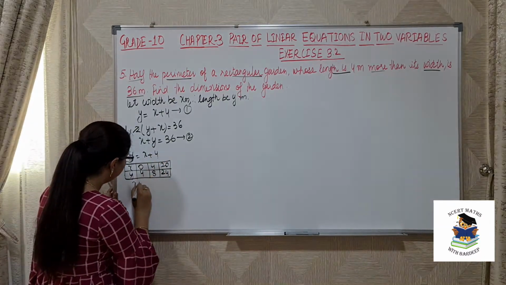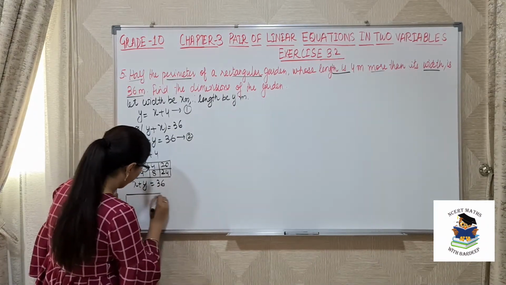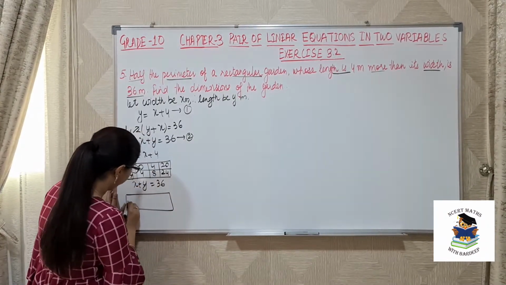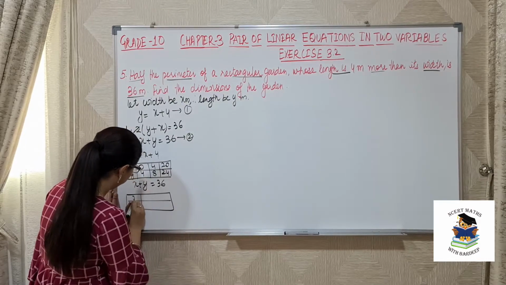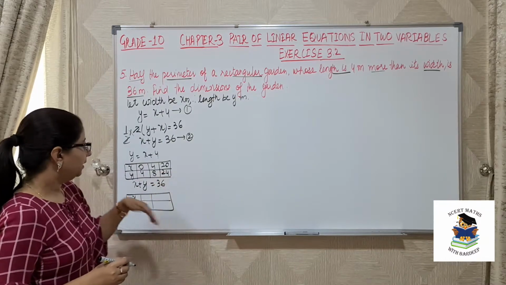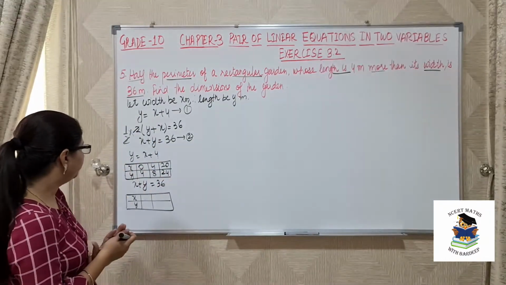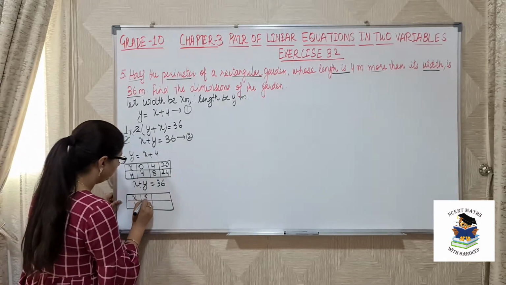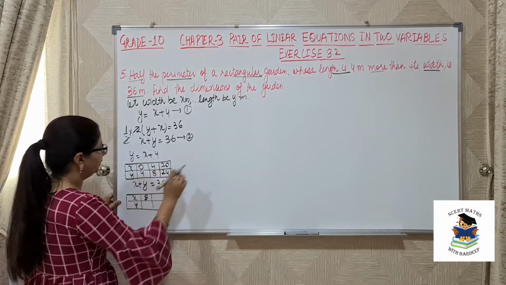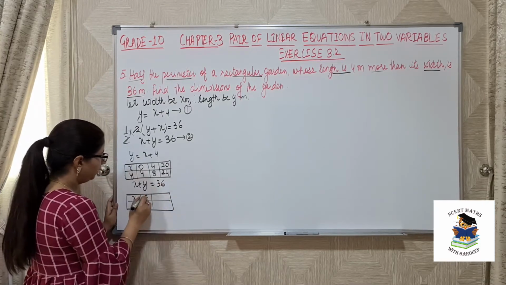Let's see now second one, x plus y is equal to 36. Since now bigger numbers are there, so I'll take numbers accordingly. So let x is equal to 8. Because here I am getting all multiples of 4 and 36 also comes in the table of 4, so I am using that property.